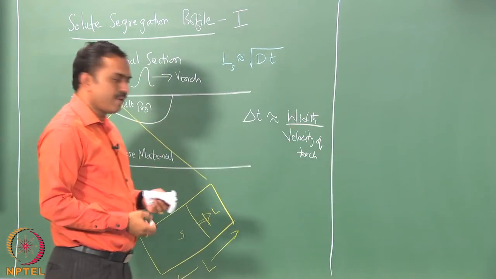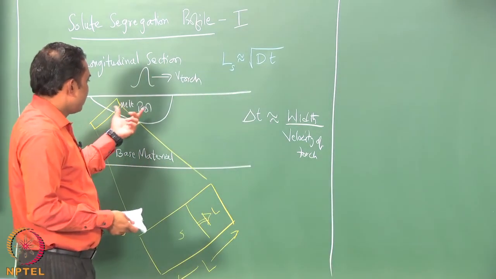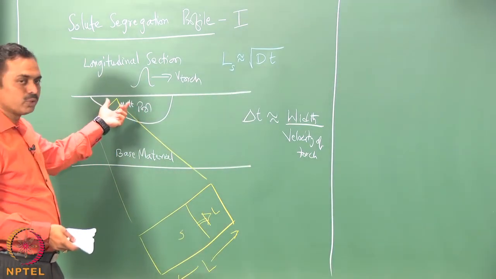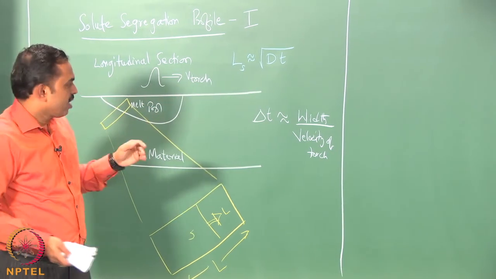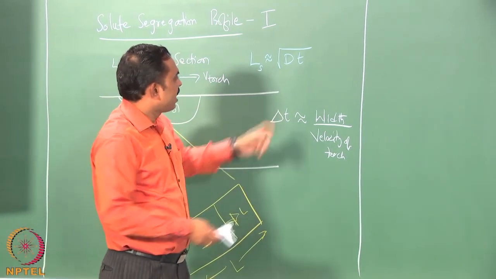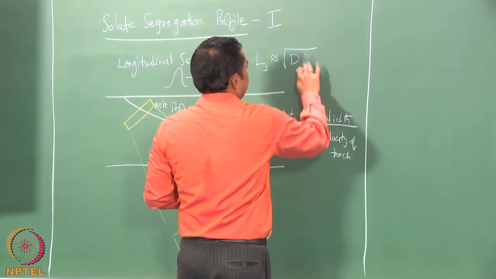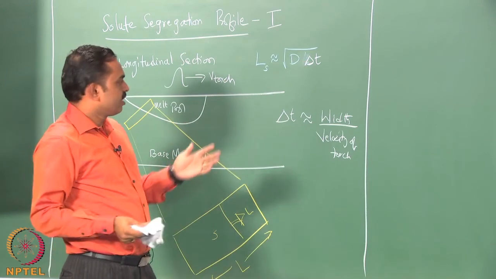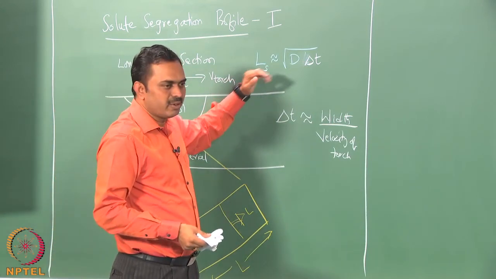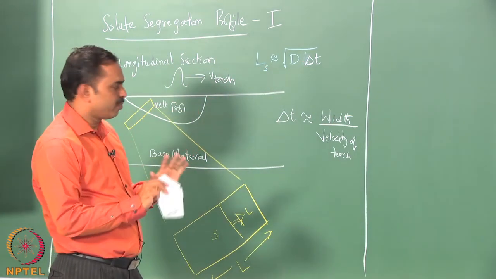That is the amount of time available for the melt pool to solidify completely. Beyond that, the torch has gone further away. If you substitute that time here, you will get the length scales over which the diffusivity is going to play a role and the segregations are going to be evened out.